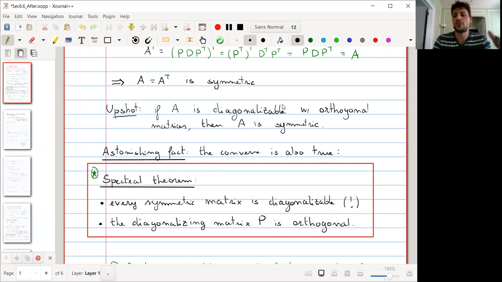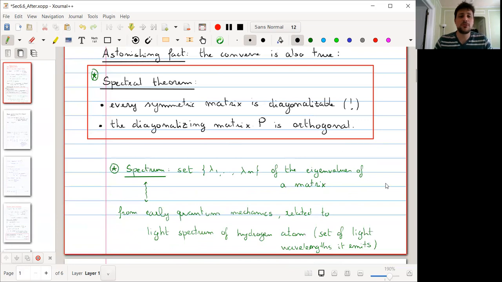Of course, there are non-symmetric matrices that could be diagonalizable themselves, but that's outside the scope of this theorem. It's an incredible shortcut in the case that your matrix is symmetric. If it is symmetric, you know already it's diagonalizable, and moreover, you know that you can diagonalize it with an orthogonal matrix.